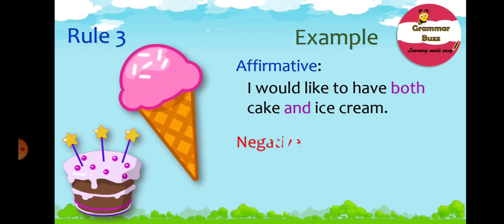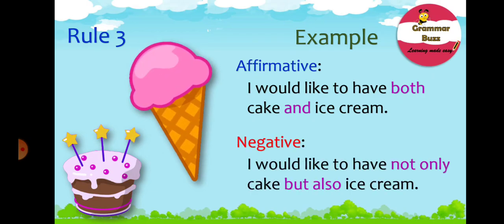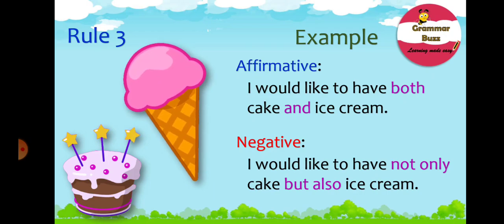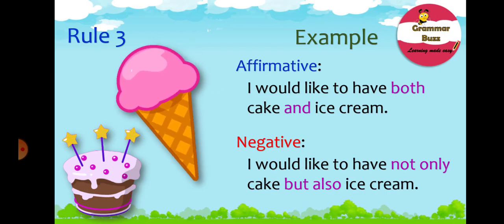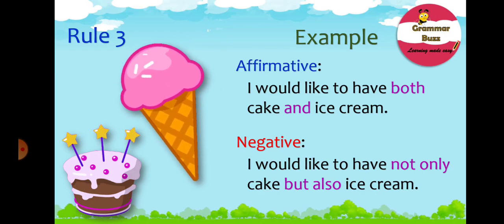Converting this to negative sentence, I would like to have not only cake but also ice cream. Take note, while converting from affirmative to negative, we are only changing the structure and not the meaning of a sentence. Moving on with the following rule.